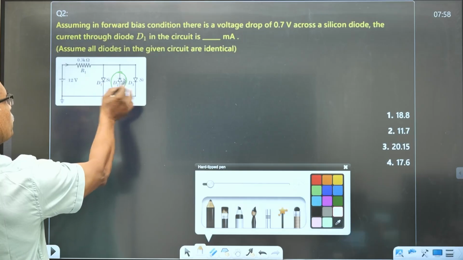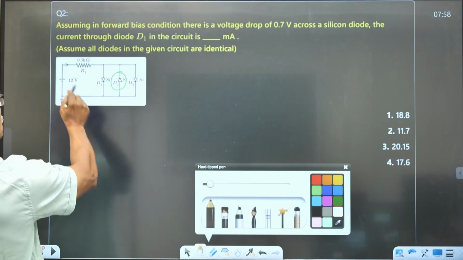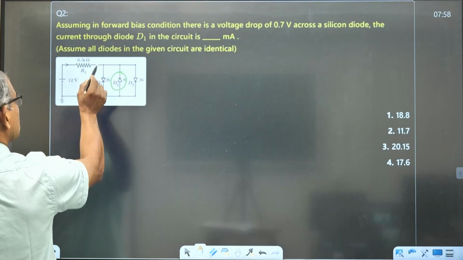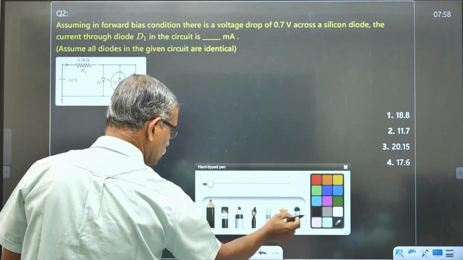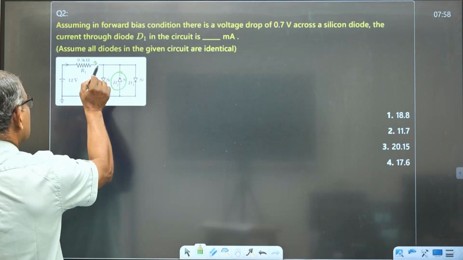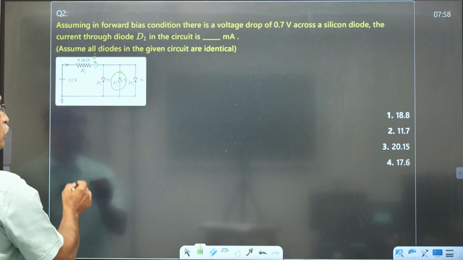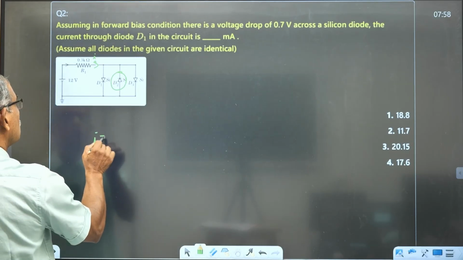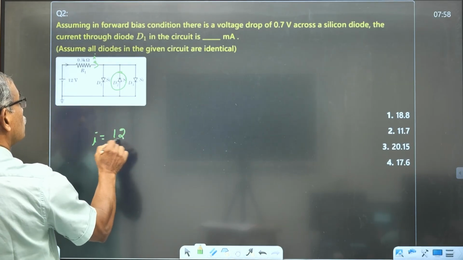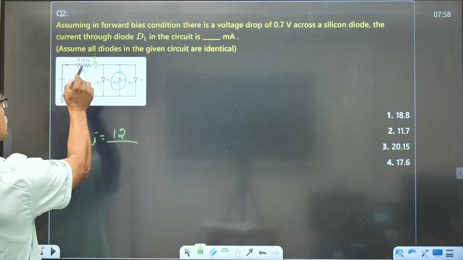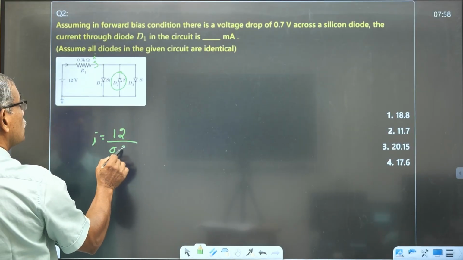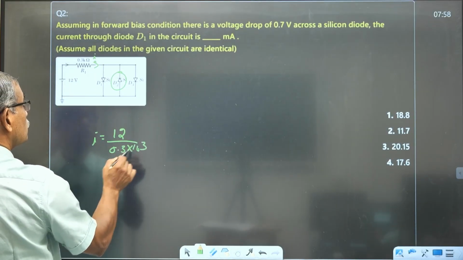Then, assuming they have no resistance, the main current through the circuit I is equal to net EMF of 12 volt by total resistance, which is 0.53 kilo into 10 raised to 3.